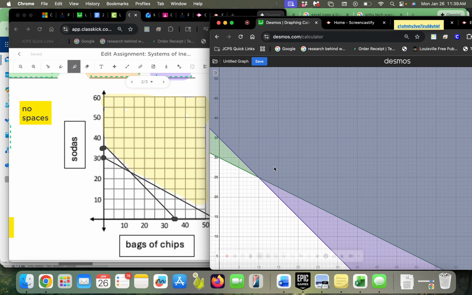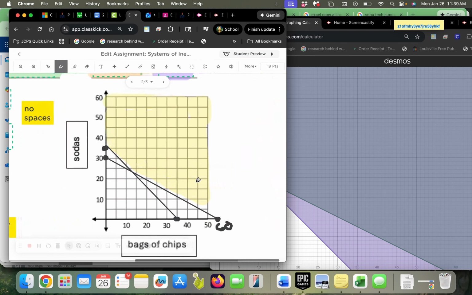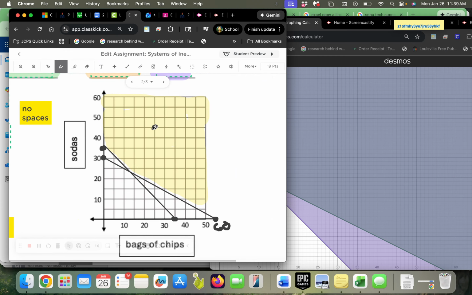Here you can see that it looks about the same as it does on the graphing calculator. Now I need to find a solution to represent one possible solution for X, a number of bags of chips, and Y, a number of sodas that would work for this kiddo to make his goal. So any coordinate that's up here in the shading.